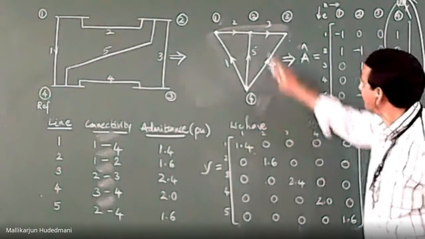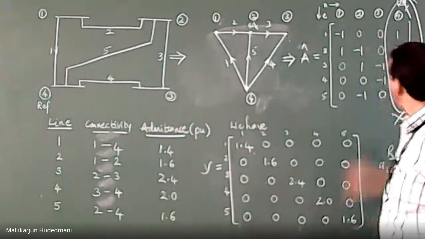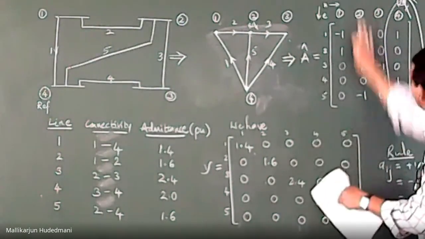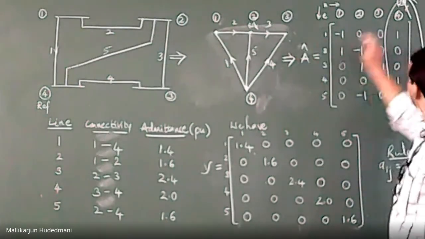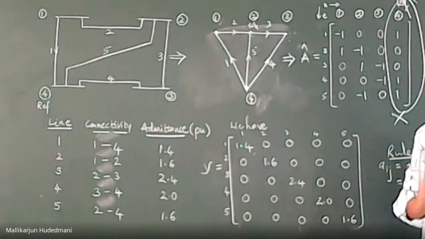Sometimes bus 2 is the reference. Suppose this is your reference. What will you do? Column number 2 you will delete, and the remaining you have to compact. You delete this and arrange the space. Suppose bus 3 is the reference. The third column you delete, and the remaining you arrange. Like that you may need to do.